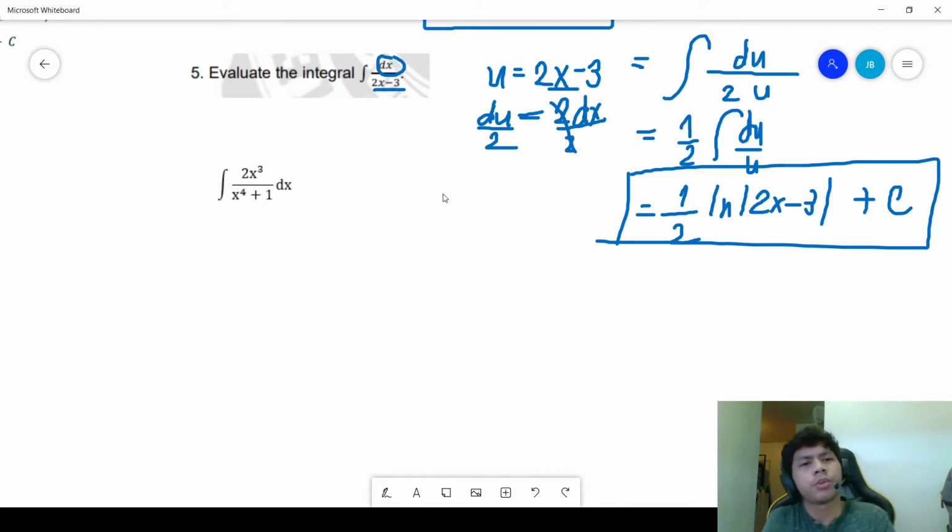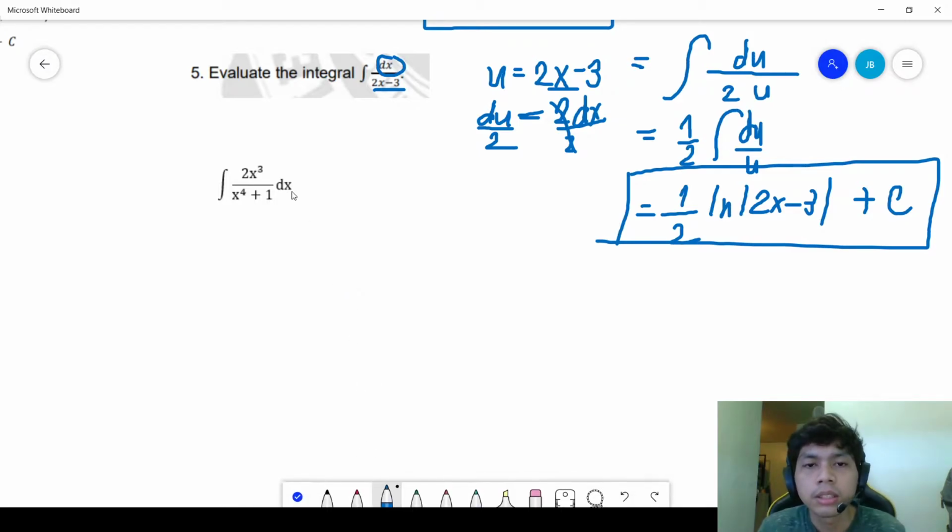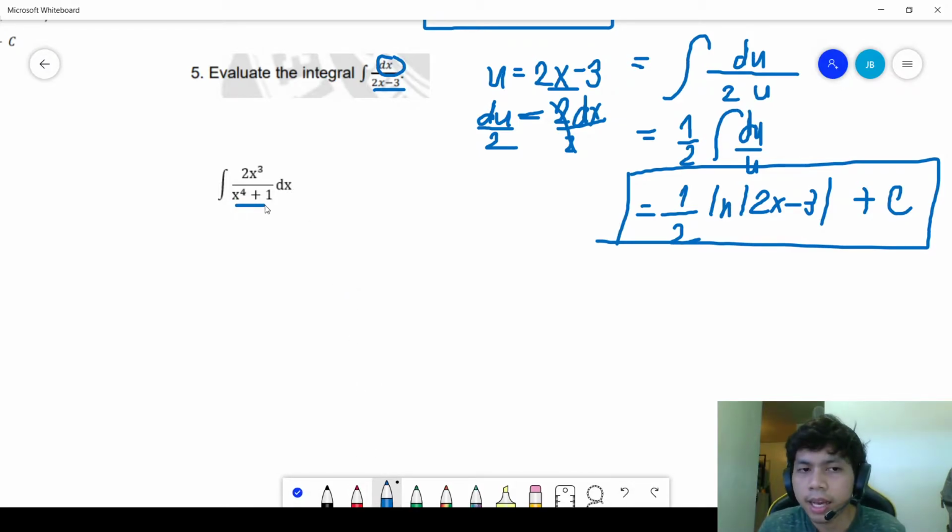Okay, now let's move to the other example. How about this one? You have 2x cubed over x to the fourth plus 1 dx. Okay, so now we are going to let u be the denominator. Why? Okay, let's try. Because if we let u be the numerator, 2x cubed, it will give you a derivative of 6x squared, and there's no 6x squared in the equation.